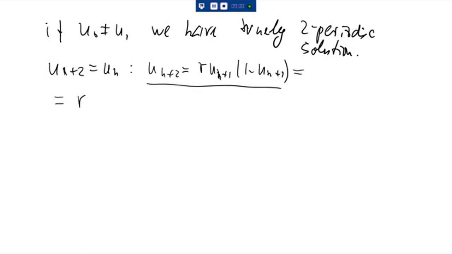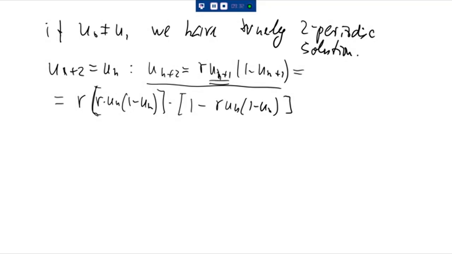R times, now un plus 1 is in fact r times un times 1 minus un. This is our un plus 1. And here will be 1 minus un plus 1, and un plus 1 is again r times un times 1 minus un. So what did we get?